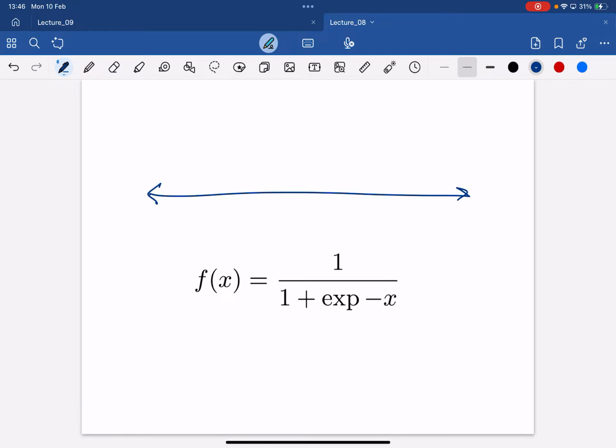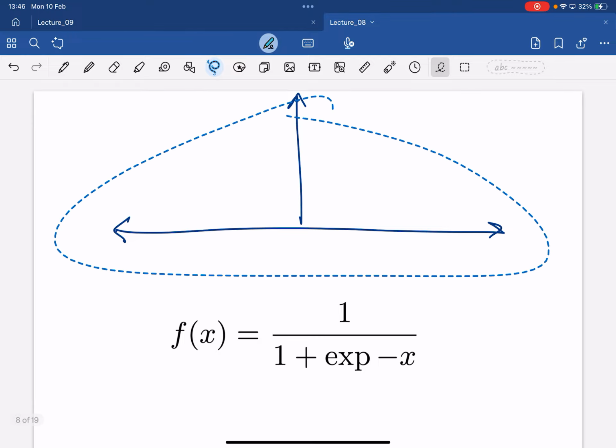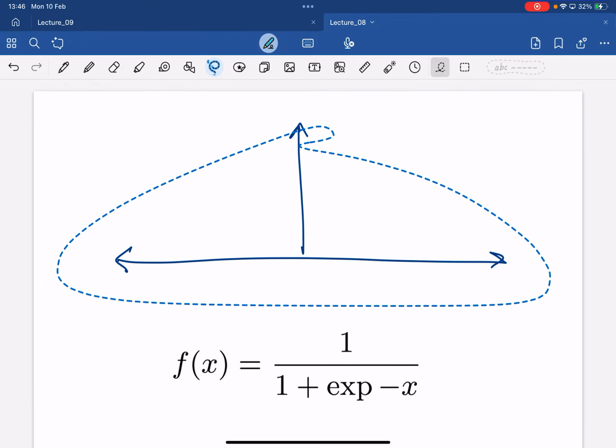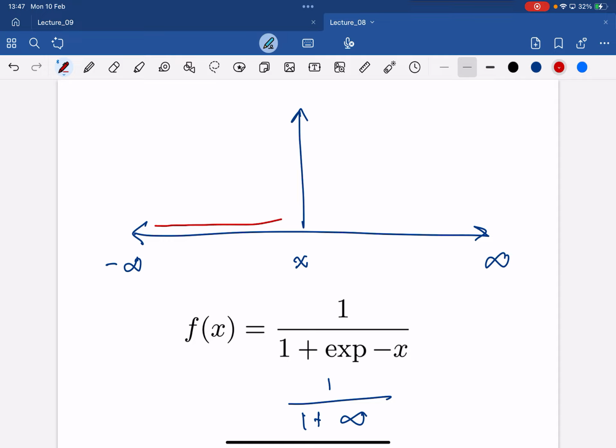For logistic regression, we usually signal 0 as class 0, or the weight for class 0, and 1 for the weight for class 1. If x goes towards minus infinity, then this will be 1 over 1 plus something really big, so the value will be close to 0.